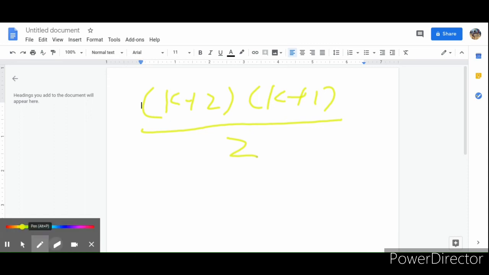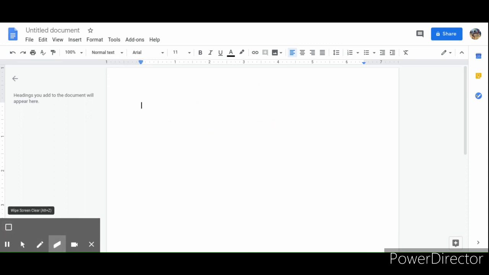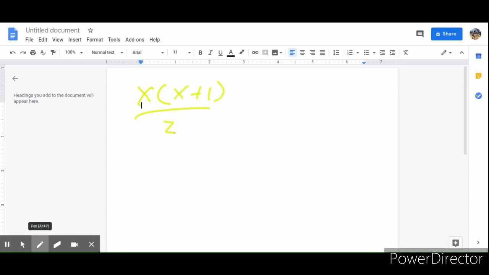Now let's erase everything and go to the other side of the equation. We have our statement P, which is x times x plus 1 over 2. Now we also want to plug k plus 1 into this. We get k plus 1 times k plus 1 plus 1 over 2.